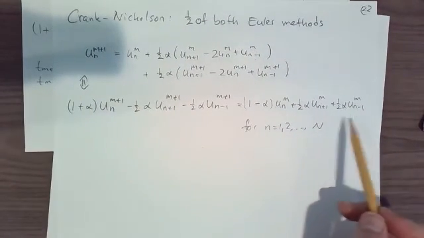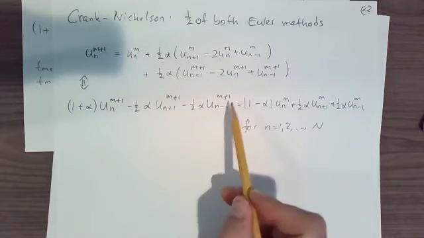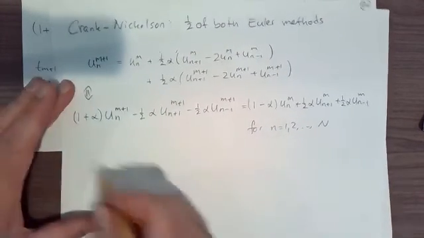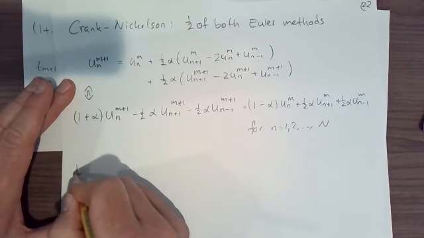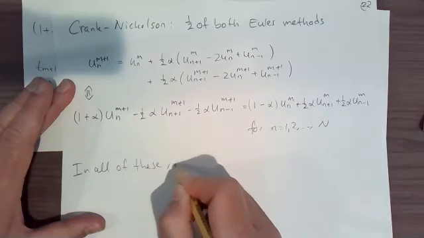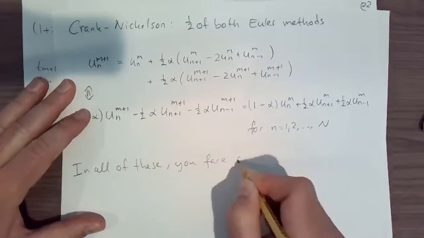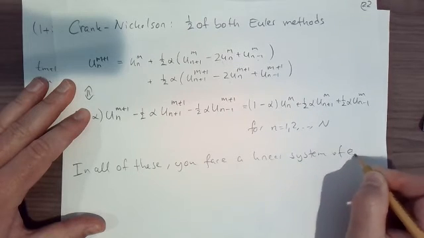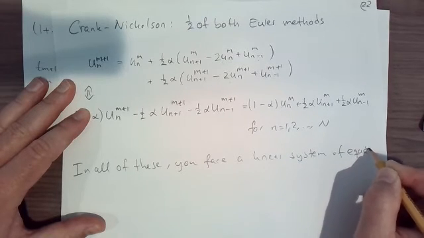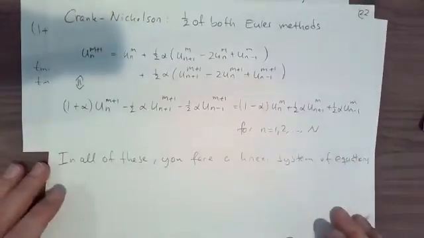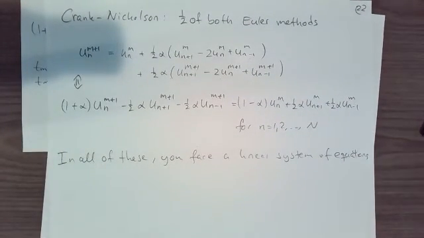Okay, so what's on the right-hand side, this is given. What's on the left-hand side, this is to be determined. And so in all of these, you face a linear system of equations, and we have to figure out how to solve this linear system of equations in a clever manner, so we can do an implementation that doesn't take forever.